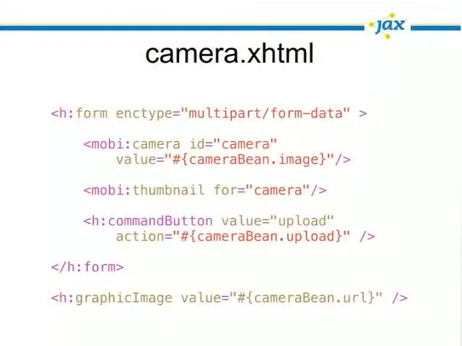Then to insert the camera button in the page, you just have a camera component. You can give it an ID, and you give it a value where the value is the image. And the thumbnail component needs to know which camera component it's displaying the thumbnail for. So we do that with for camera. Then there's a regular upload command button. We just bind that to an action, and we display the image as part of the page.